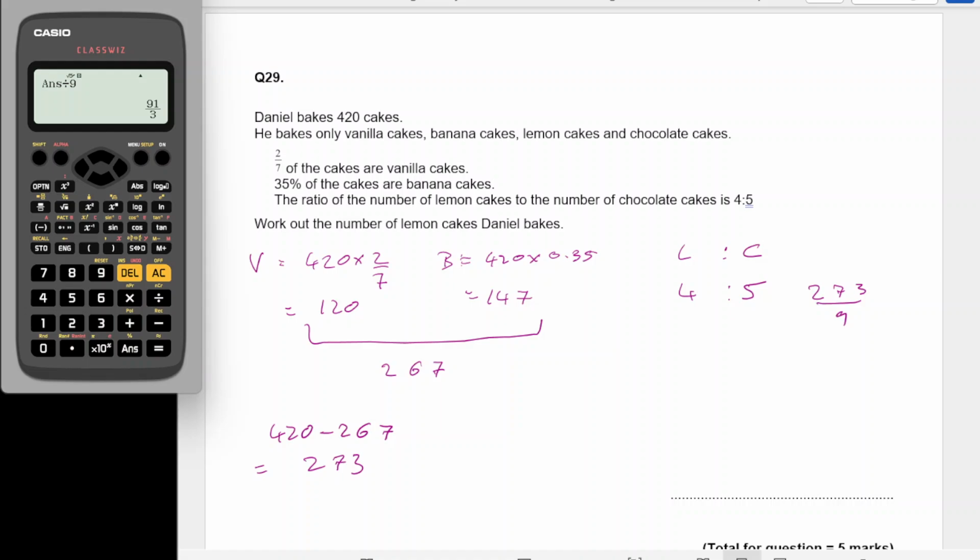So let's just double check our figures. It looks like we've got a mistake somewhere. Right. Let's go through it. 420 times by 2/7. I'm fairly confident that one was right. 120. So we check that one. 420 times by 0.35. Check that as well.